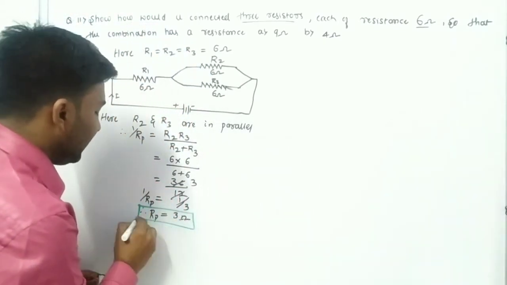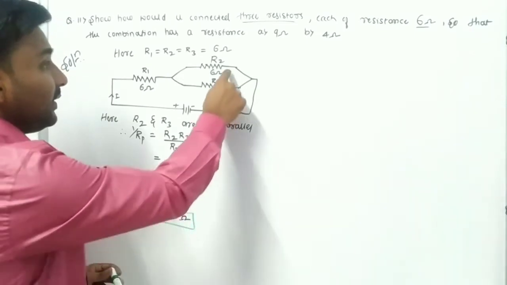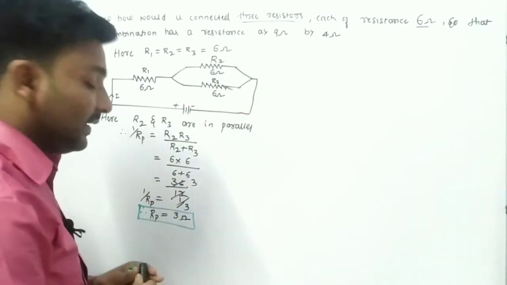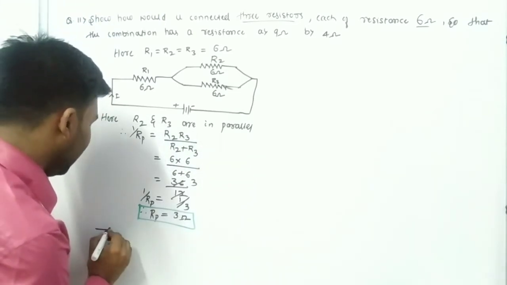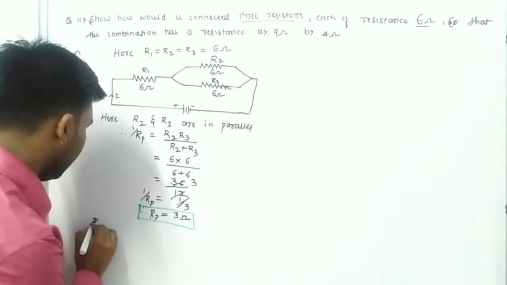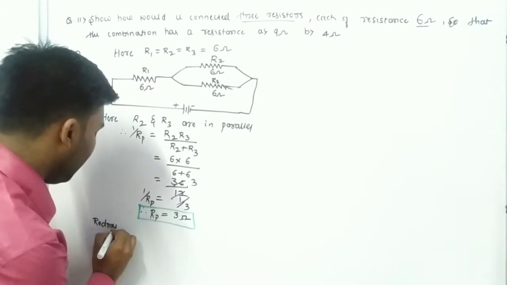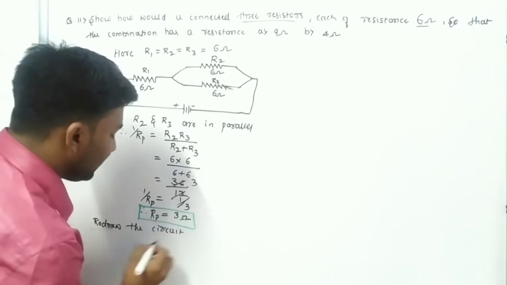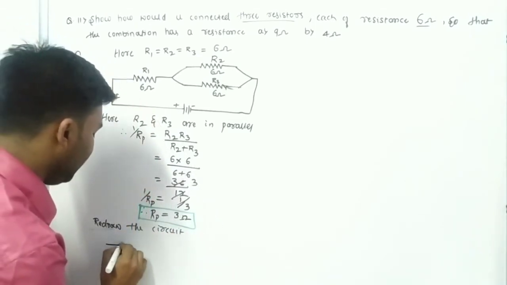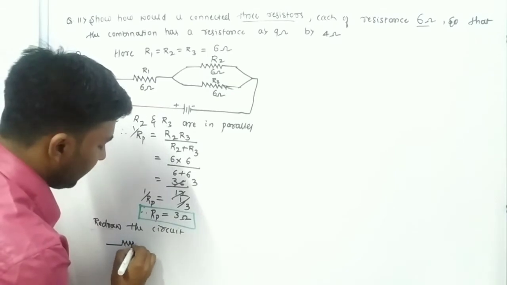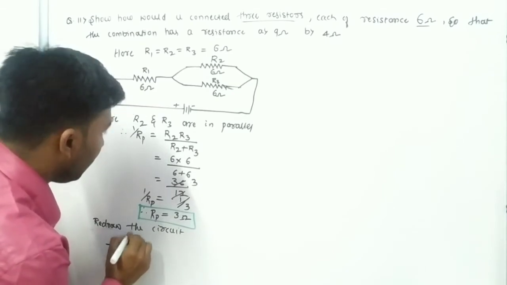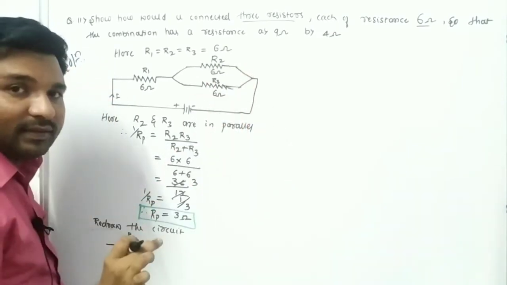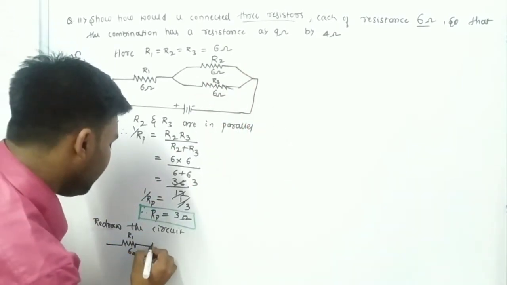Now we got the equivalent resistance for these two resistors. After that, redraw the circuit. Redrawing the circuit, here R1 is 6 ohm, and the equivalent resistance for these two resistors we got as 3 ohm.